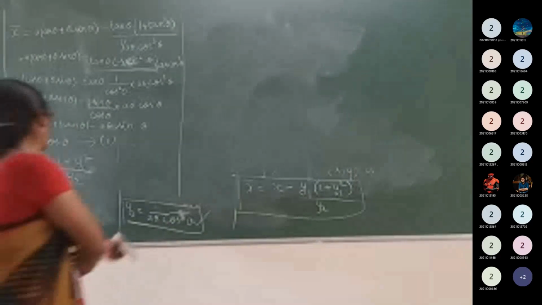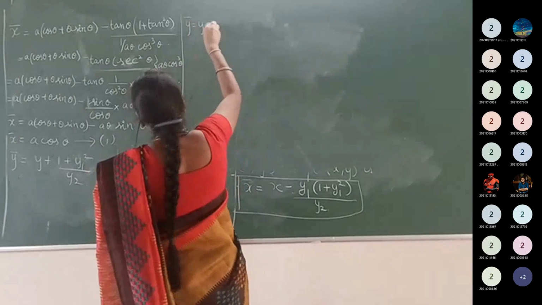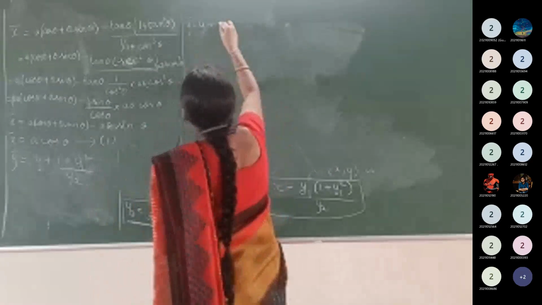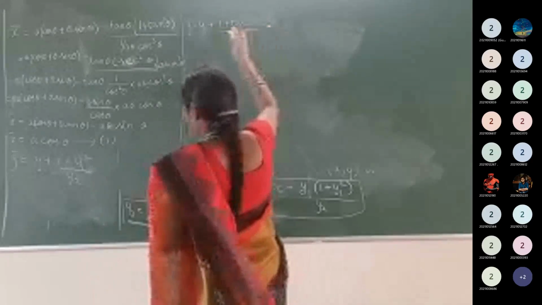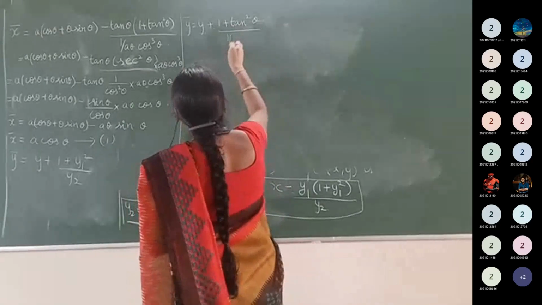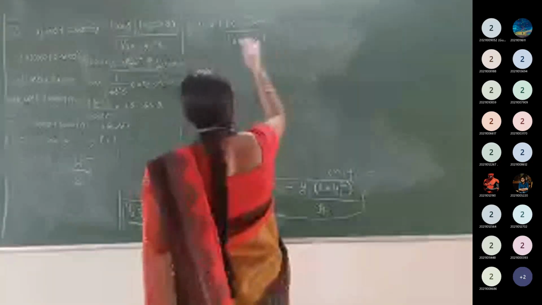So you have to apply here. Y bar is equal to y plus 1 plus tan squared theta divided by your y2, 1 by a theta cos cube theta.